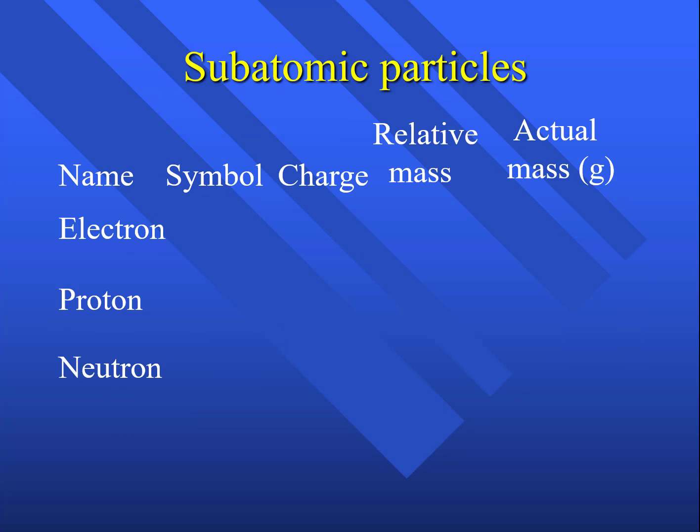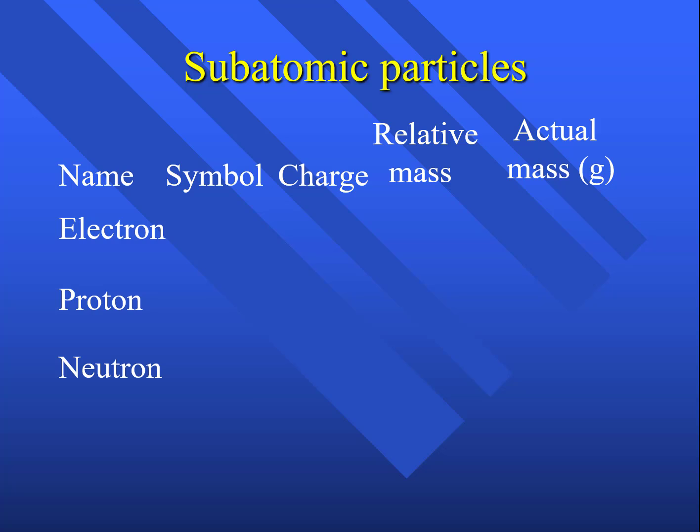Okay. All right, so this is something you've learned every time you ever study the atom, so I'm going to go kind of quick. We have 3 subatomic particles that we have to worry about. There are like 400 of them, but we're only going to study maybe 4. Might throw the quark in there.